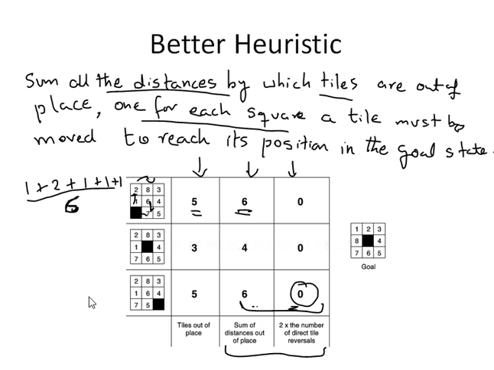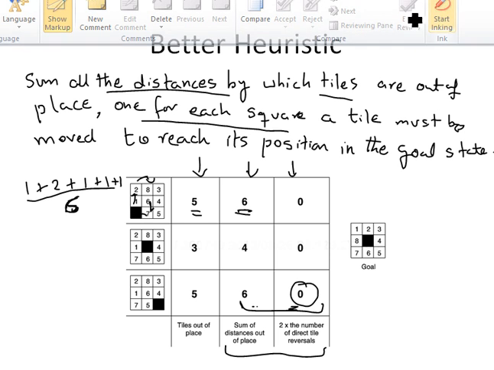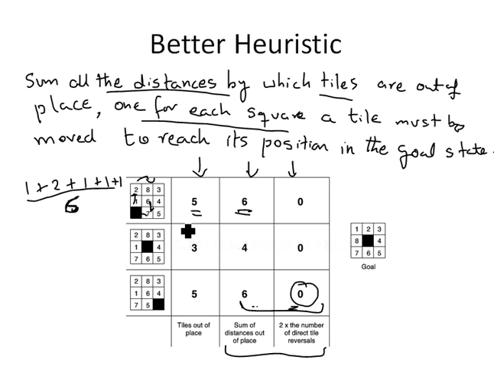For example, if this tile is at some location in our tree, we will assign an h(n) value, taking our heuristic as the sum of these two.